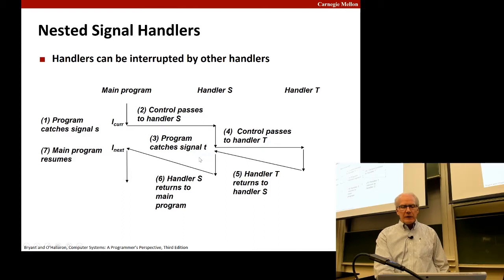And possibly this is why the idea of blocking exists: maybe this handler didn't want any other signals to be able to interrupt it. So this handler can block signals. And in fact, every time a signal invokes a handler, it automatically blocks that particular signal type. So you can't get an unbounded loop of the same handler being called.